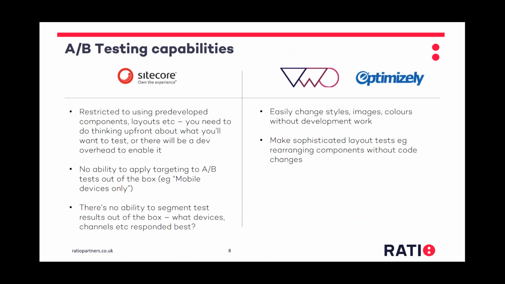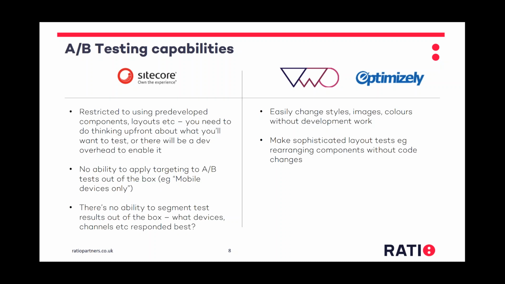Next, we want to talk about A/B testing. So one of the things to be mindful of when it comes to your optimization program and A/B testing you might be looking at doing is this concept of testing velocity.